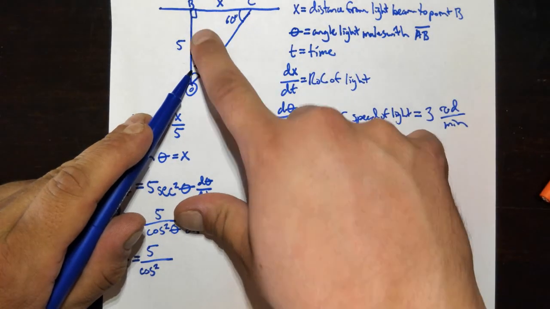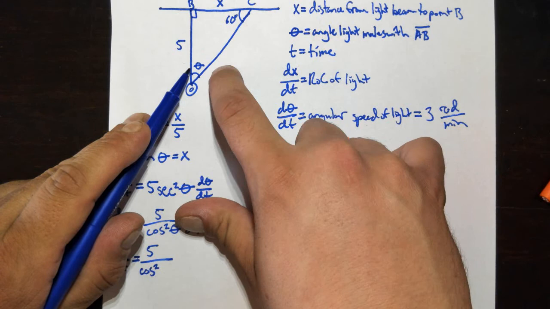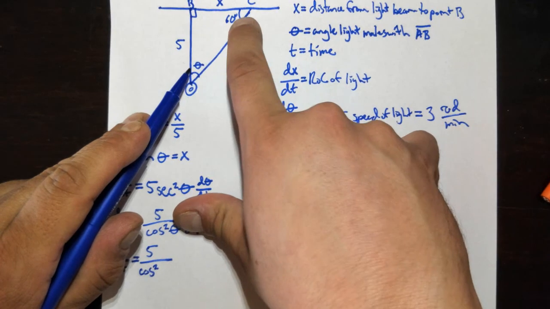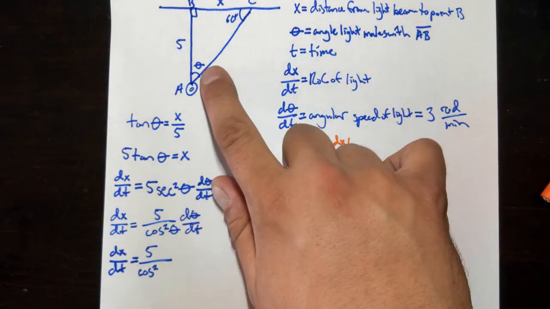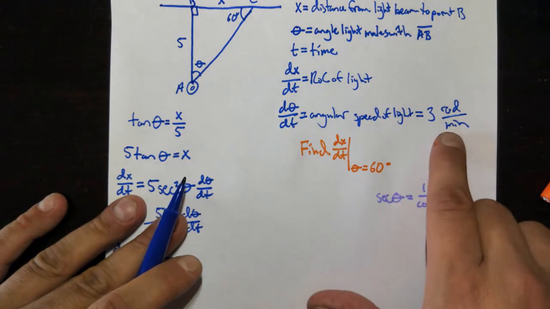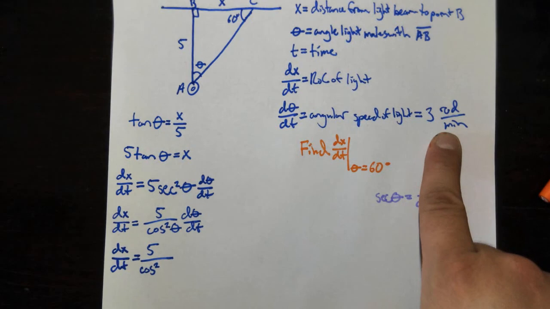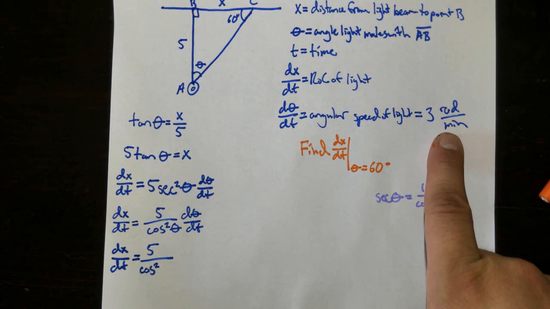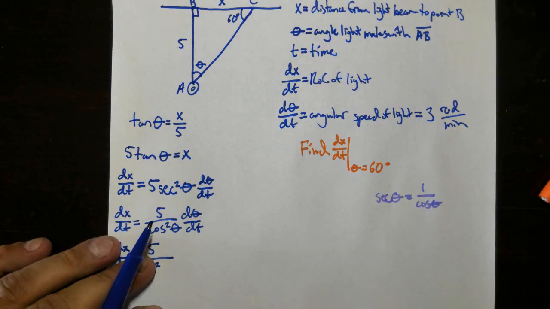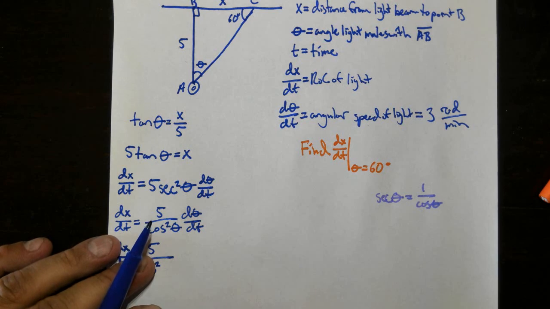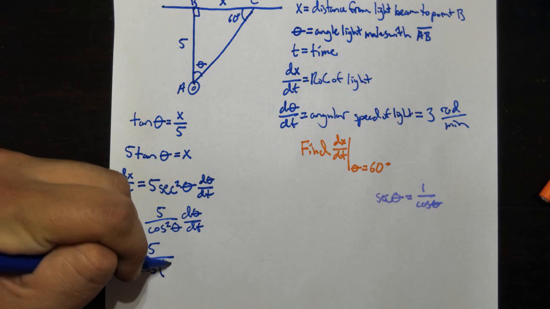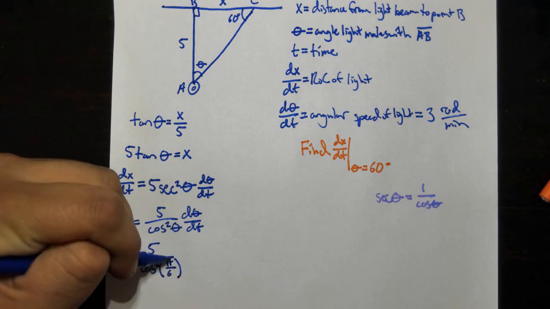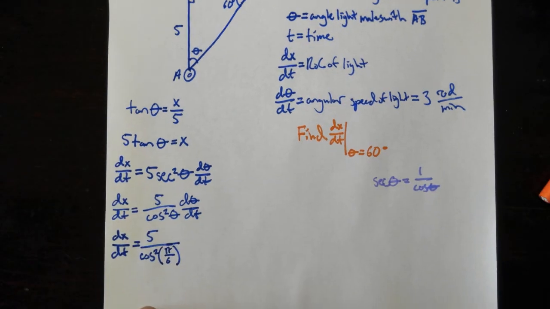Remember, the interior angles of a triangle must add up to 180 degrees. 90 plus 60 is 150, plus this 30. So this will be 30. However, as I mentioned earlier, it's in radians. So we're going to have to convert 30 degrees into radians, which is going to be pi over 6.